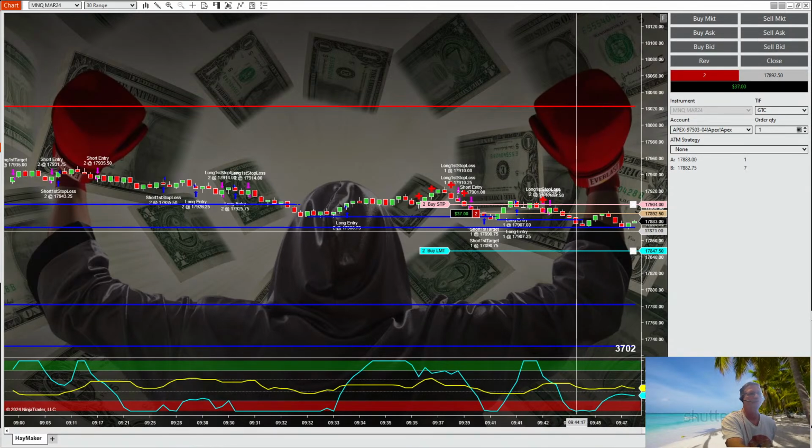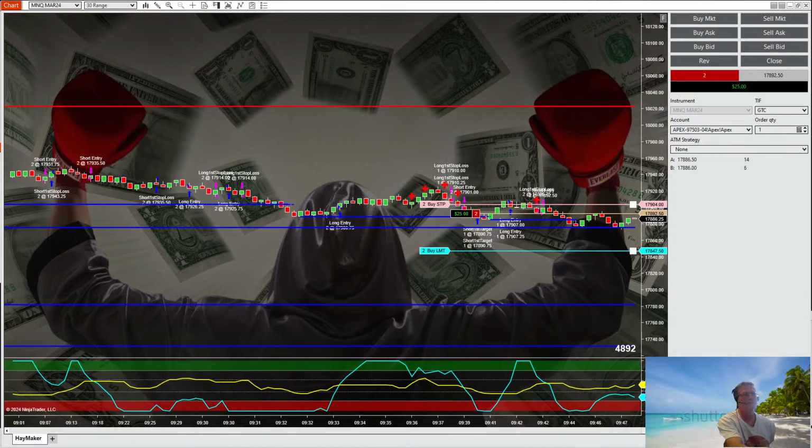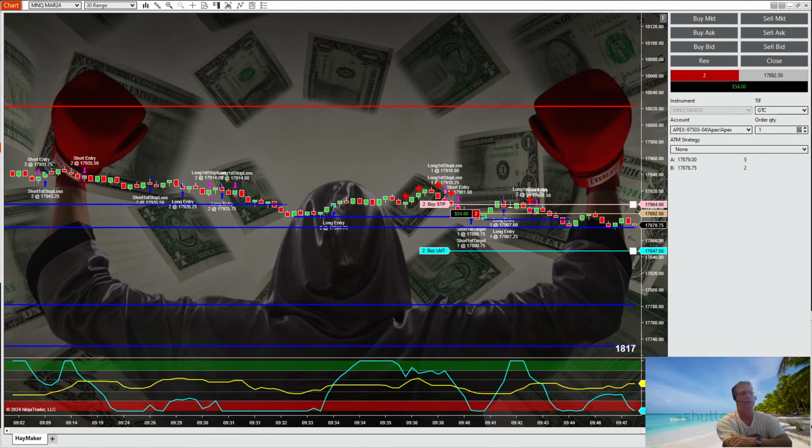Kind of double bottomed right off of there. Retest. Come on now. Get through there.